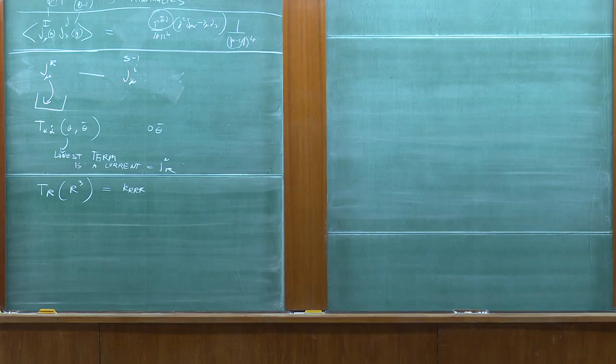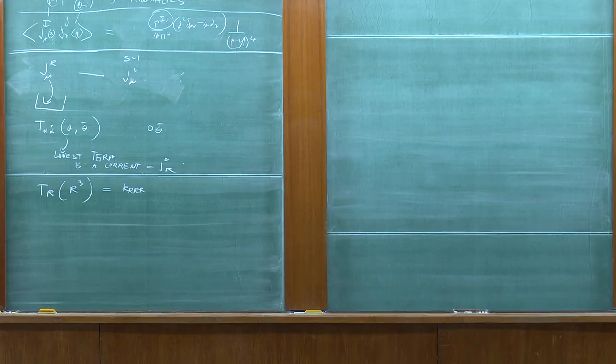Okay? In that computation we had to insert the representation, triple and take a trace. Whatever that is, that gave us a number. This was the thing that was 2n for the adjoint and 1 for the fundamental. Whatever that number is, I'm calling trace R cubed.